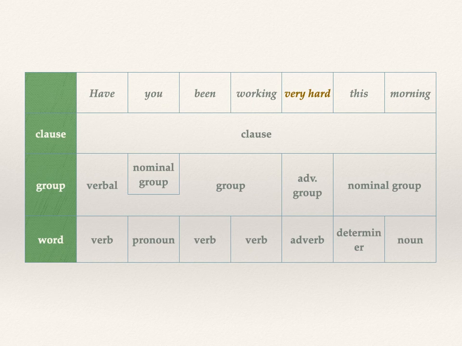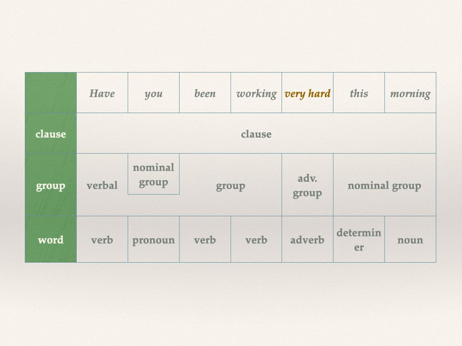So you have this rank-based organization, and what I've shown you here is a structure of the clause and the groups and the words, or at least of the clause of the groups. And these are what we might say class structures, because what I've labeled are the classes that the clause consists of. So there's just one clause, and it consists of 1, 2, 3, 4 classes of groups. Verbal group, discontinuous, nominal group, adverbial group, and again nominal group.